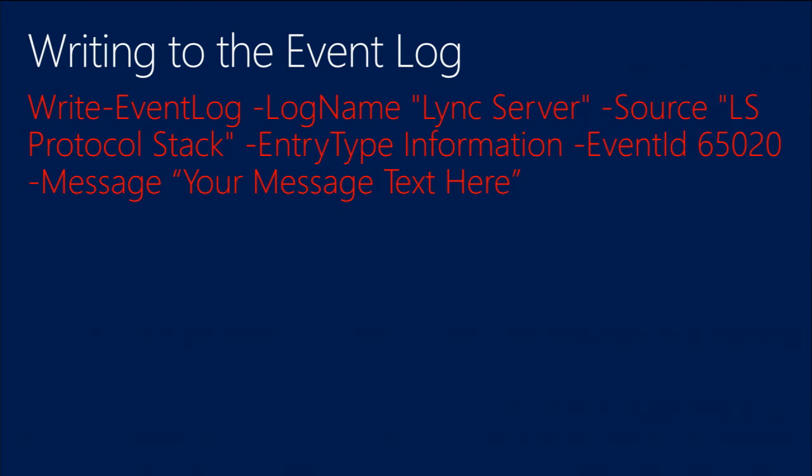But what we're doing here is we're putting an informational event. You see the entry type equals informational. And we're going to say event ID 65020, which is just some random number I picked off the top of my head. You might want to research that a little and not overlap with actual events. And then a message, then your message text here, right? So this is an informational event we're writing to the log, and then we can monitor that with SCOM, right? Very, very handy stuff.